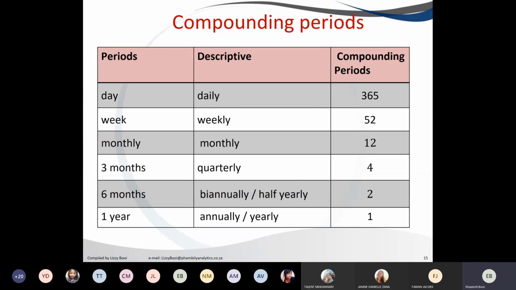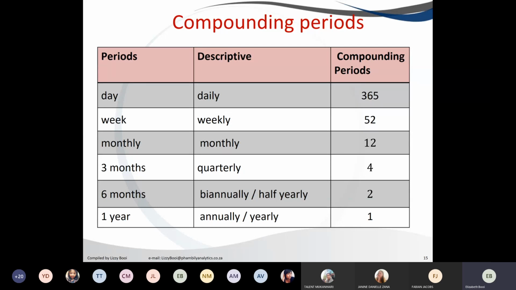So let's look at the compounding periods. For example, if it's daily, it's 365. If it's weekly, it's 52 weeks. If it's monthly, there are 12 months. If it's quarterly, there are 4, which is the same as every 3 months.